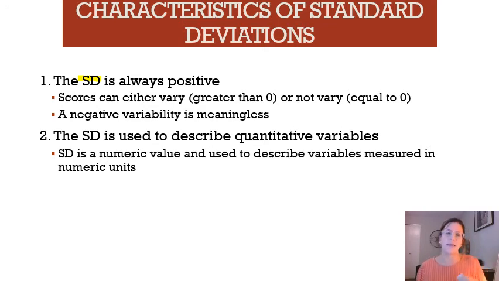They actually assign numbers, but the numbers are meaningless. So like a 1 would be a male, a 2 would be a female, but a female isn't 1 less than a male. So those are meaningless numbers. They're not quantitative. So you can only use standard deviation to describe quantitative variables.